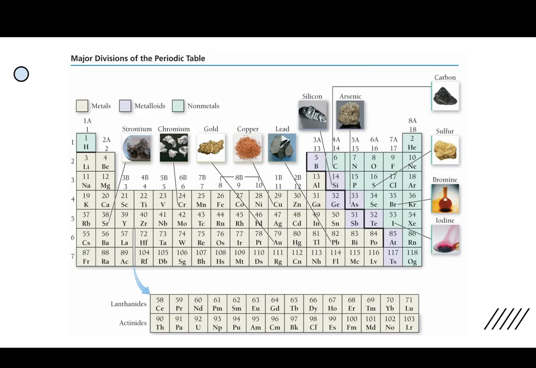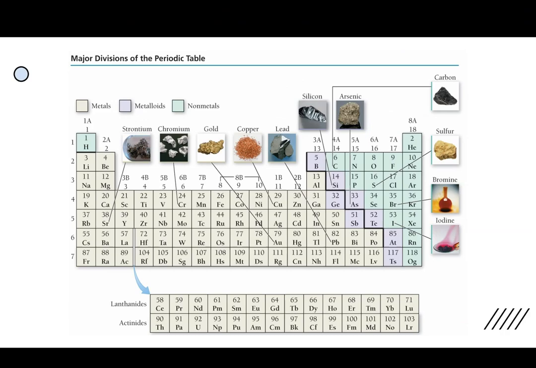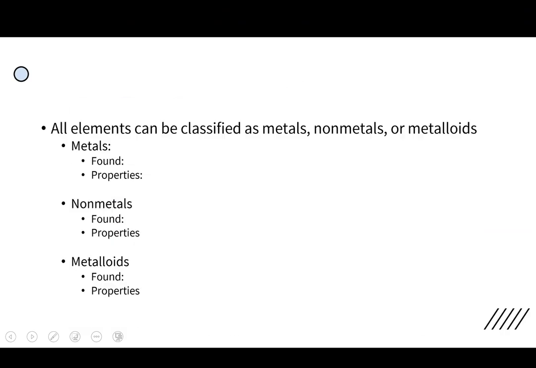The major divisions of the periodic table are metals, nonmetals, and metalloids, and you can see where each of these are on the periodic table. Nonmetals are in green, metals are kind of that beigey color, and metalloids are purple. Metals are found to the left of the stairs.